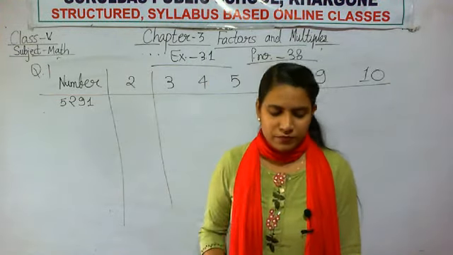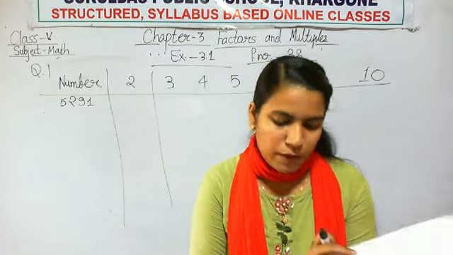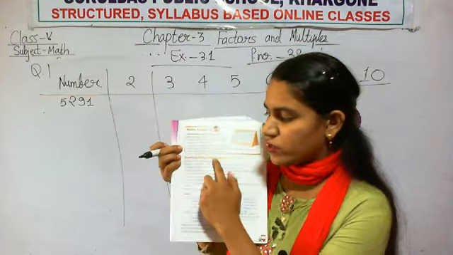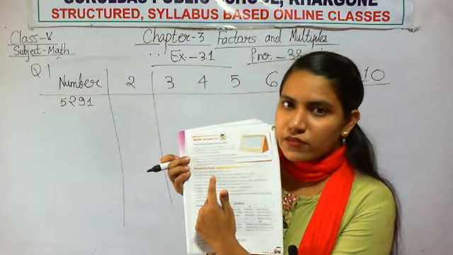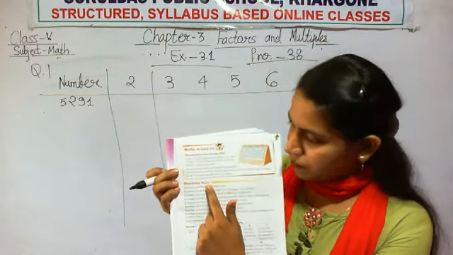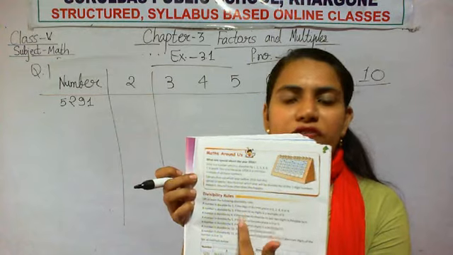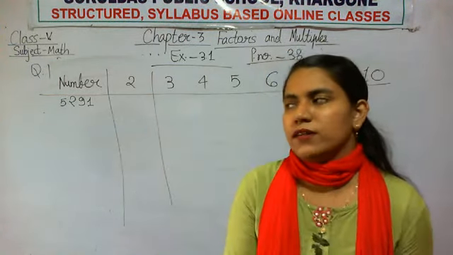What is the rule? The rules are written on page number 37, under the heading divisibility rules. So if you forget the rules, you can see from here.